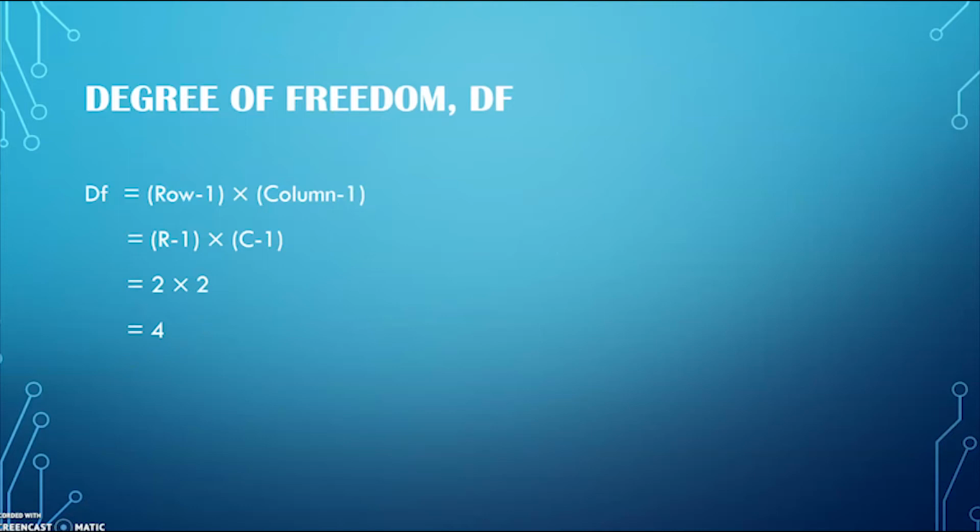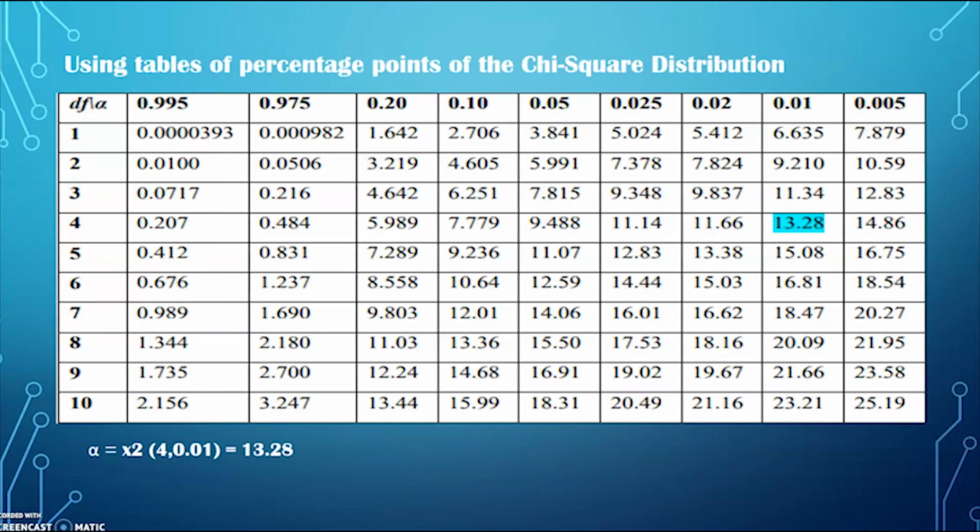Then we need to determine the degrees of freedom. The degrees of freedom is equal to row minus 1 times column minus 1, and we have 3 rows and 3 columns. So 3 minus 1 times 3 minus 1 is equal to 2 times 2, so we get 4 for the degrees of freedom.